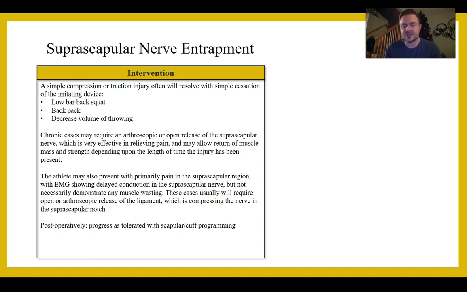This would be to relieve tension on the nerve, obviously. If you have a paralabral cyst, they'll repair the posterior labrum and capsule and then remove the cyst. Postoperatively, progress as tolerated with scapular and cuff programming. Unless you have a concomitant procedure like a posterior labral repair, you'll follow that protocol instead.